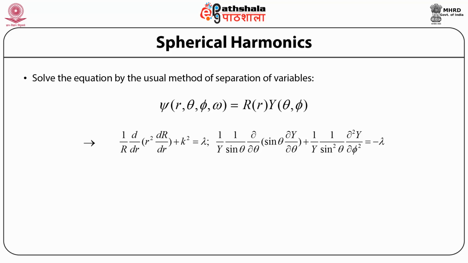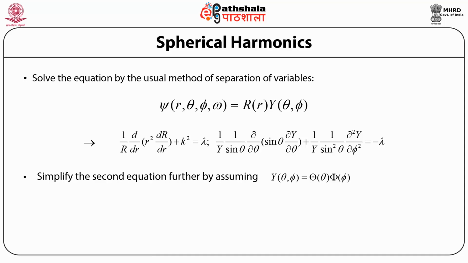and 1 by Y into 1 by sinθ ∂/∂θ of (sinθ ∂Y/∂θ) plus 1 divided by Y into 1 divided by sin²θ ∂²Y/∂φ² equals minus λ, where λ is a constant independent of the coordinates. The second equation can be further simplified by assuming a solution of the form Y(θ,φ) equals Θ(θ) Φ(φ).